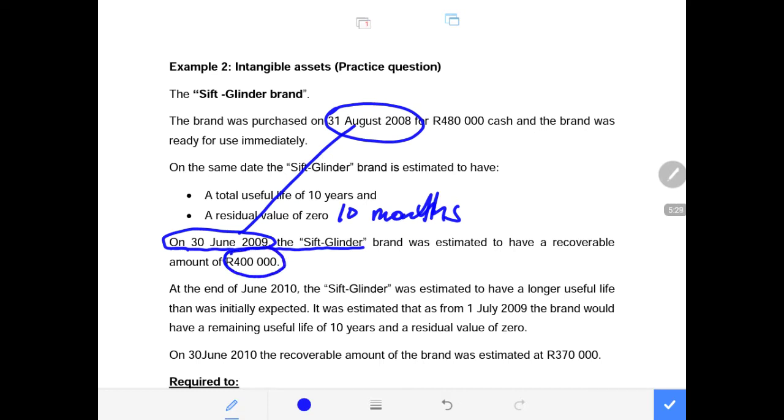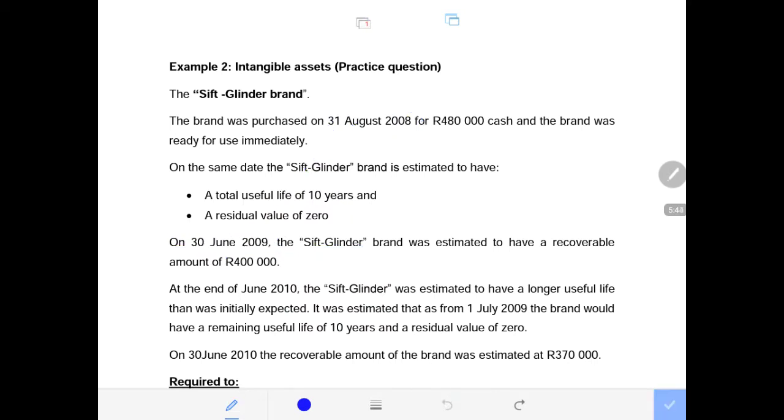Now, whenever you are given a recoverable amount, you must calculate the carrying amount at the same date so that you can compare the recoverable amount against the carrying amount, to test if there is any impairment loss at that specific point in time.